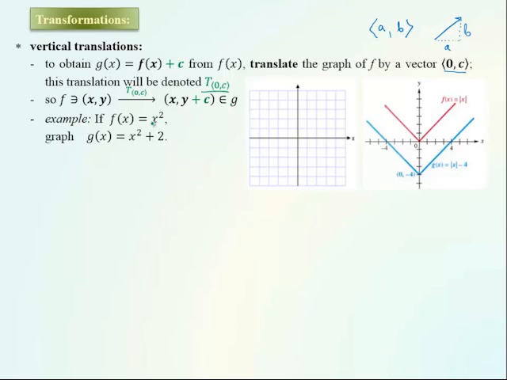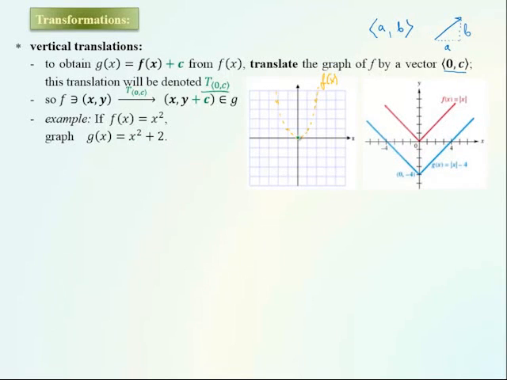How does it work in practice? Well, let's take an example of a basic function, x squared. We'll graph neatly the parabola x squared. It has a vertex (0, 0). It goes 1 across and 1 up, and goes 2 across and 4 up. So this is the basic function that we need to keep in mind. So this is our f of x. And then g of x is x squared plus 2.